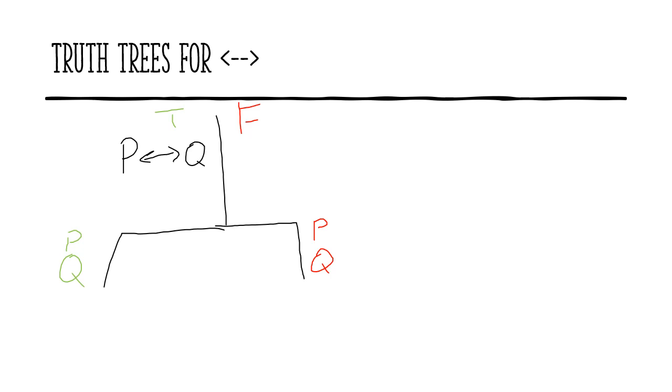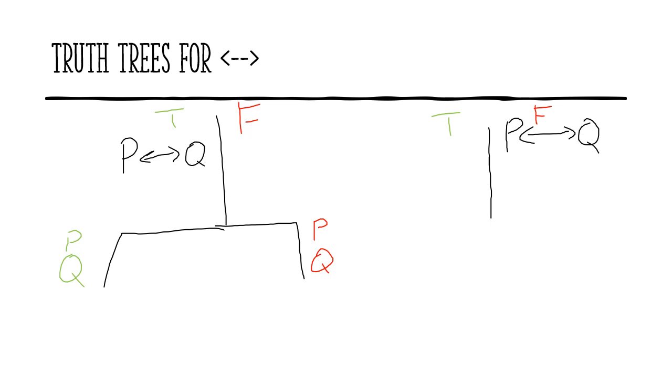Now, P double arrow Q, say it's on the right side. Remember that indicates that it's false. Anything on the left side is true. What makes P double arrow Q false? Well, what makes it false is wherever one of them is true and the other one is false, or vice versa.